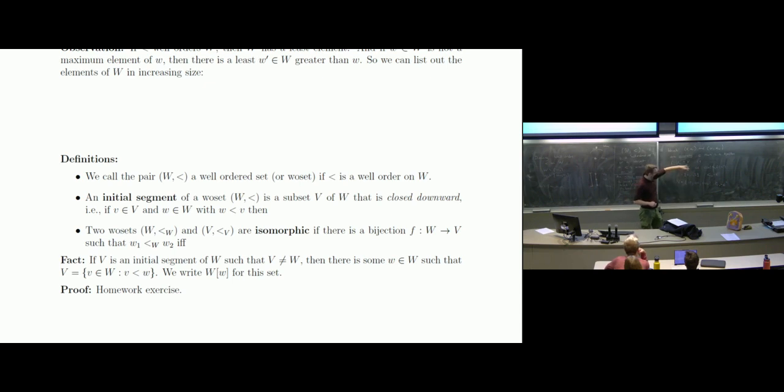Because then things are less than each other here if and only if they're less than each other down here. So the idea is, for isomorphic structures, if you drew this diagram, it's the same diagram. They're just labeled differently. The diagram for this guy is 0, 1, 2, and the diagram for the second guy is 10, 100, 1,000.